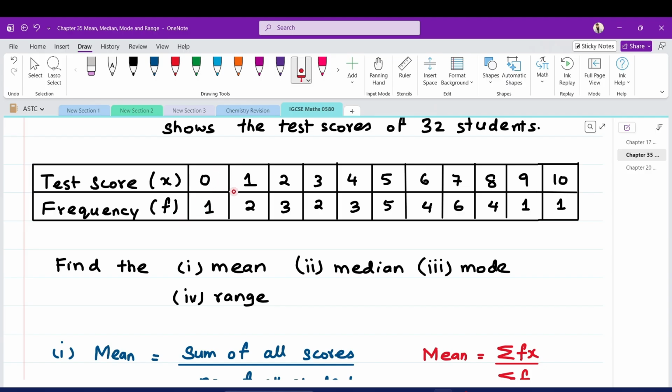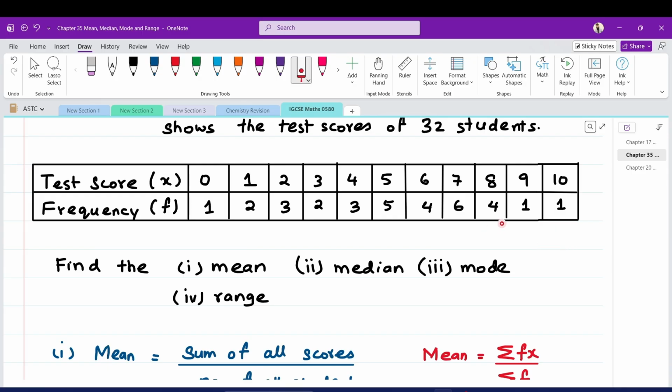If I try to do this over here, it would be very tedious. I would start with 0 because it occurs once, then 1 that occurs 2 times, then 2 occurs 3 times, then 3 occurs 2 times, and so on. That's going to take a lot of time, because there are 32 pieces of data.